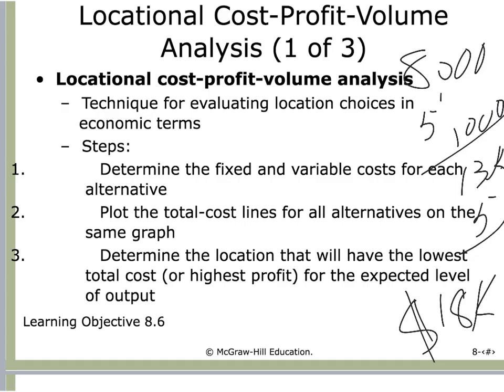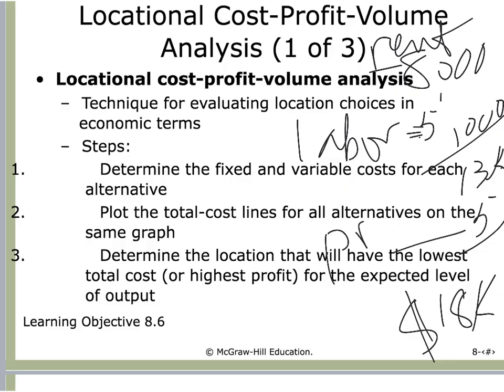Just so you can cover your rent, you can cover your labor costs, and you can cover your profit. So at a minimum, you need to sell $18,000 worth of food each month.